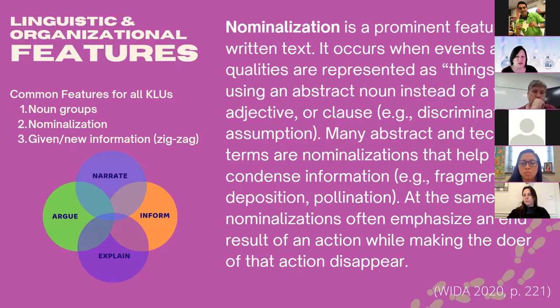Today you're looking at the definition for nominalization, which is taking an abstract noun, since nouns are person, place, thing, or idea, and turning ideas into nouns. Examples given here are discrimination, assumption, fragmentation, or pollination, things that might be a little more difficult for students to see as a noun.